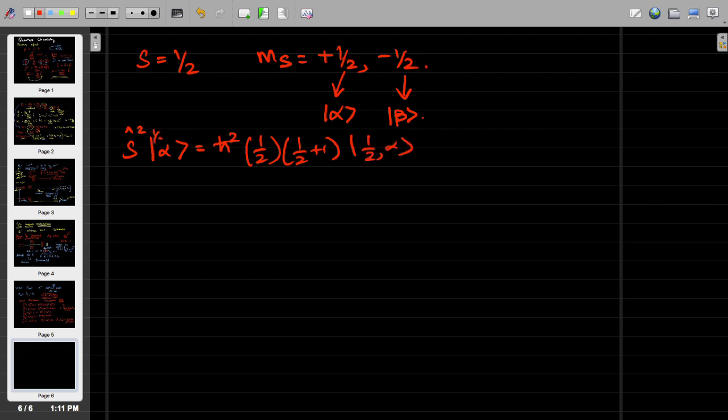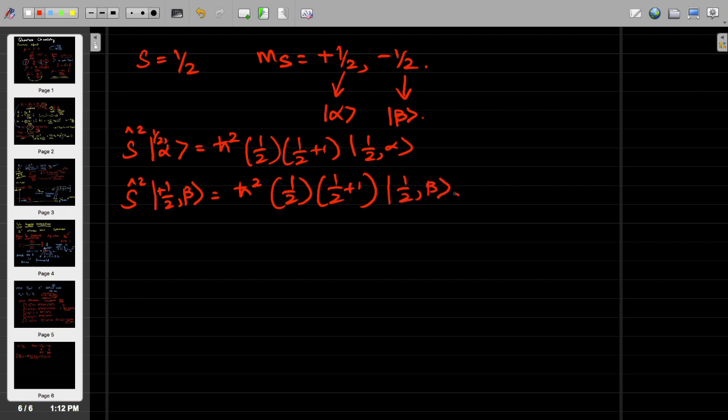Of course, I should have written a half here. And similar is going to be the result when you are operating S squared on |1/2, beta>. Beta is the minus half spin. So remember the s remains constant, so both are going to be half into half plus 1, and of course you get beta back here. So in this case, the prefactor in both cases is going to be h cross squared times 3 by 4.